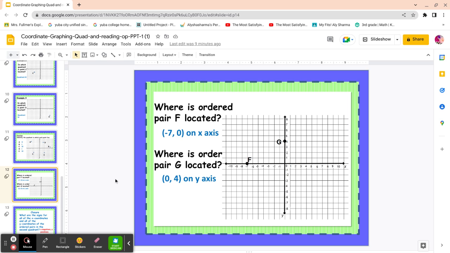And where is ordered pair G located? It is 0, 4 on the y-axis, which is going to be right here, the y-axis. The 4 comes after. This is x, this is y, so technically you're going to put it here. And basically, that is precisely where it is.